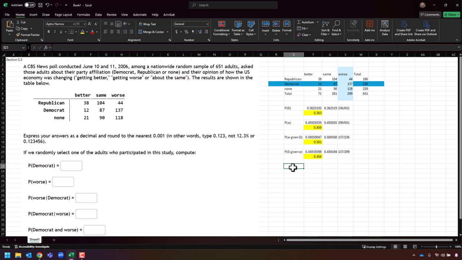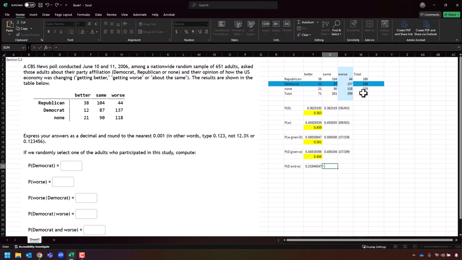And now one more, the probability that we are Democrat and worse. Democrat and worse is the intersection of these two things. So 137 is the number of successes because that's the group that is both Democrat and economy worsening. But we're not given that, so we divide by the 651 here.